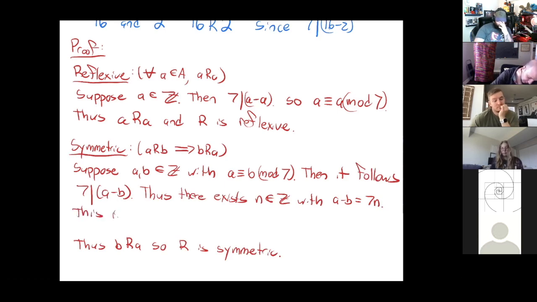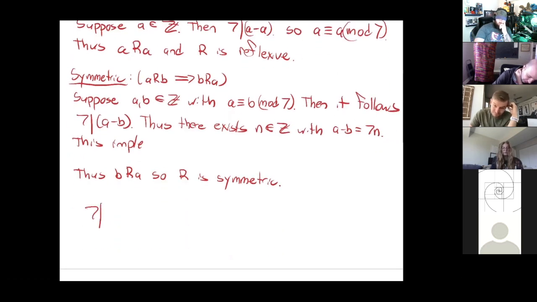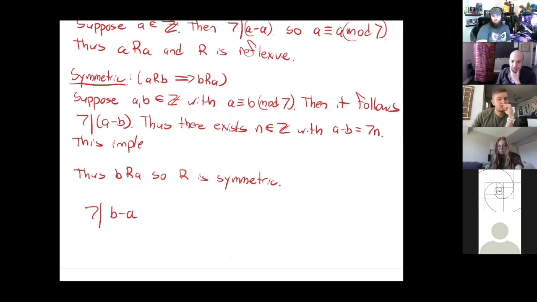And really what we're hoping to get here is some symmetry. So I'd like to say that, yeah, we've got that A and B are integers. We assume that as our setup here.